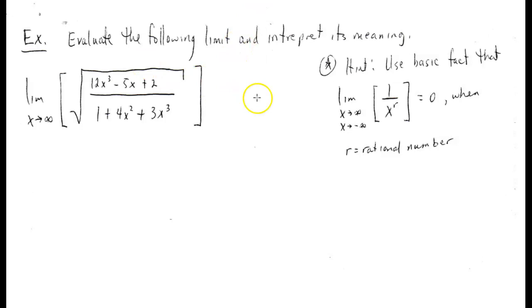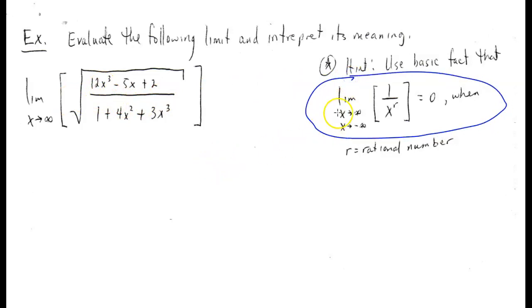Now, if we look over here, we see that we have this property that's very important. And this is actually a theorem, but I've just shortened it. All this is really saying is that whenever we have functions of the ilk 1 divided by x raised to the r, and of course functions like that you know of are 1 over x, 1 over x squared.